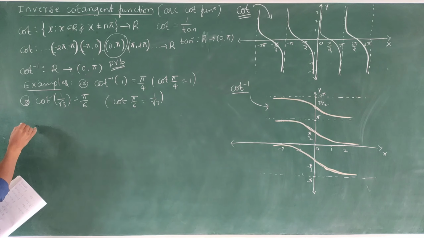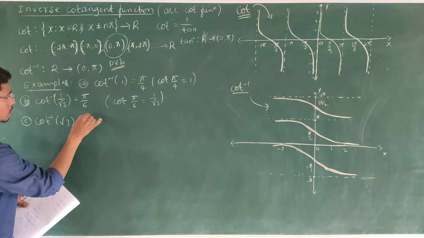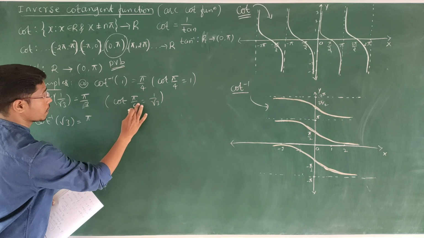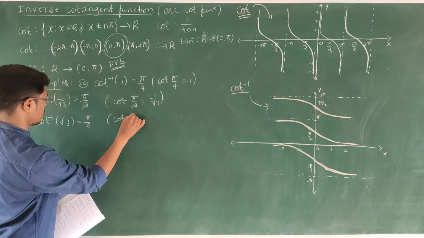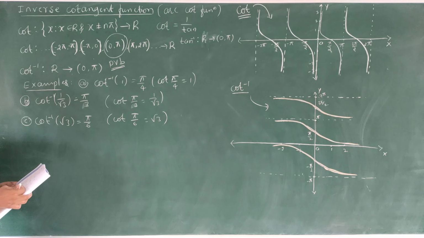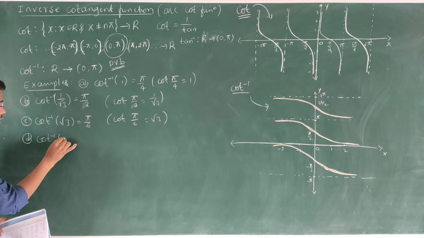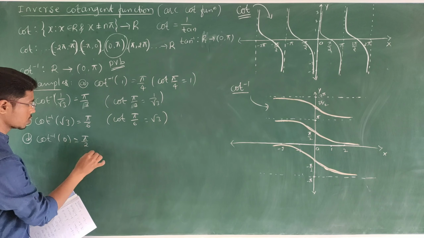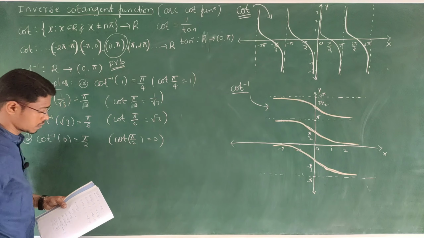Now, cot inverse of root 3 is pi by 6, since cot of pi by 6 equals root 3. Now question D, cot inverse of 0. When cot is equal to 0, the angle is pi by 2, since cot pi by 2 is equal to 0.